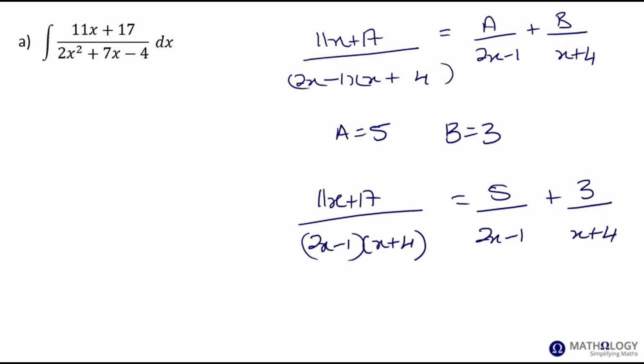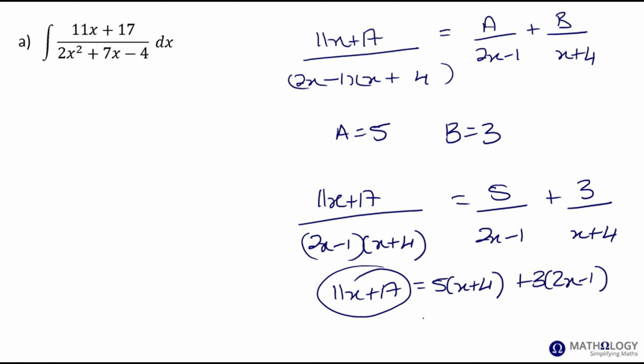I'm just going to check the solution. So we'll have 5 times x plus 4 plus 3 times 2x minus 1, and this must equal 11x plus 17. So we have 5x plus 20 plus 6x minus 3. 5x plus 6x is 11x, 20 minus 3 is 17, so this is correct.